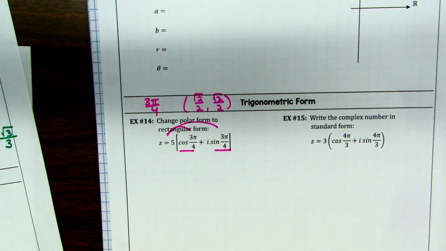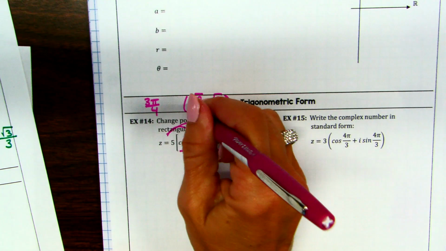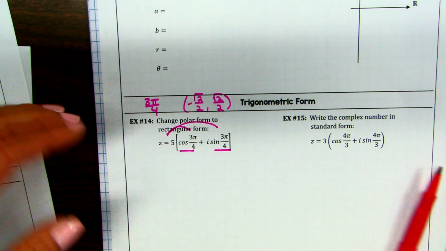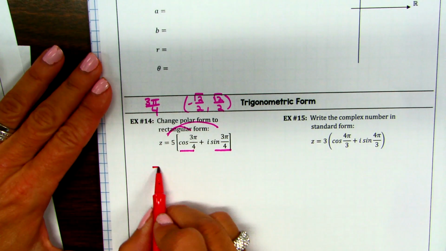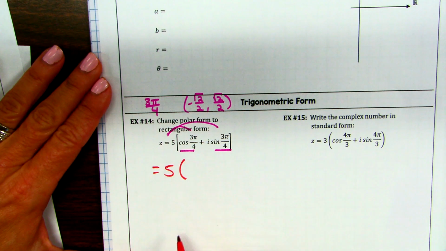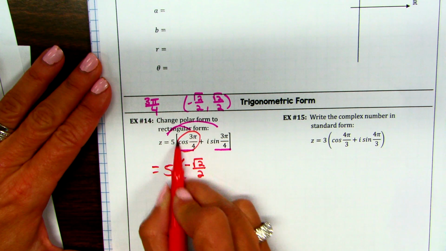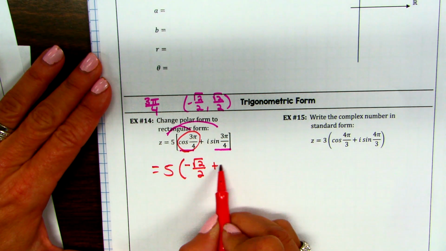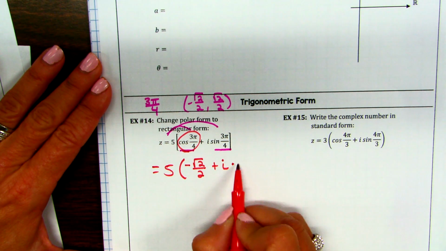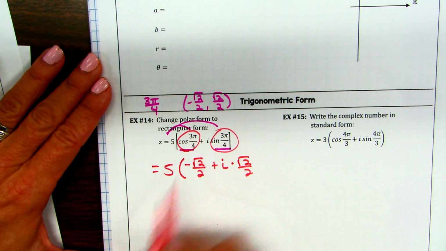The numerator is 1 less than the denominator, so that's quadrant 2. Cosine is negative, sine is positive. So you have to know that, and then the rest of it is just plugging it in. Cosine of 3 pi over 4 is negative square root of 2 over 2, plus i times square root of 2 over 2, which is sine of 3 pi over 4.